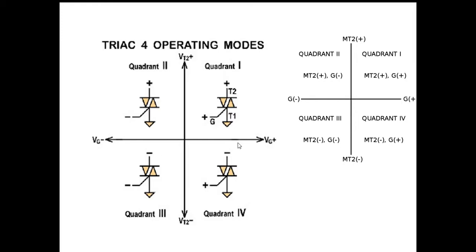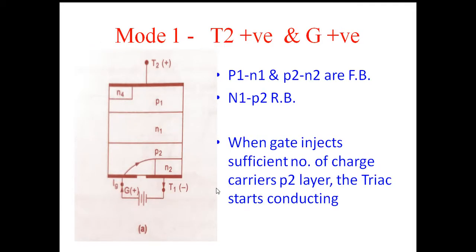In the third mode, MT2 is negative with respect to MT1 and the gate is also negative. In the fourth mode, MT2 is negative but the gate is positive. So these are the four triggering modes of the triac.